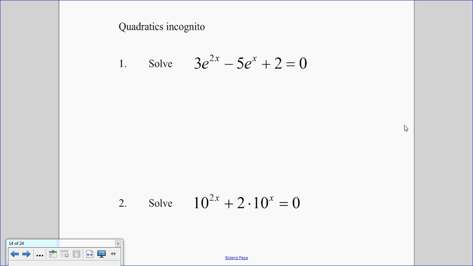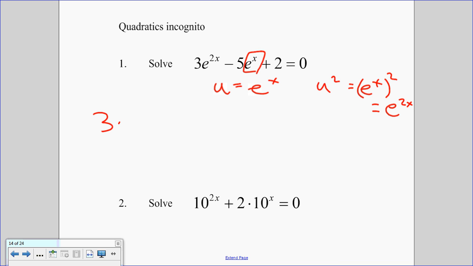So on this first one, I'm going to let u equal e to the x. It's always that first guy right there. So that will allow me to express, if I square u, then that'll be e to the x squared, which will be e to the 2x. So it turns out e to the 2x is a quadratic form of an equation. So let's replace these two ideas.